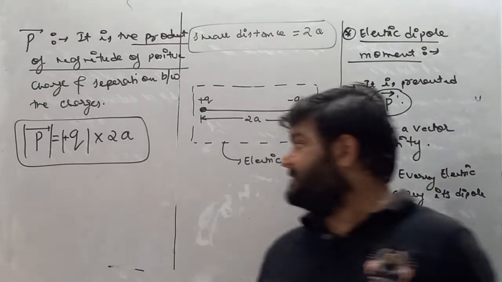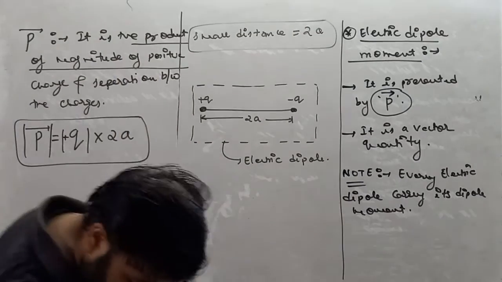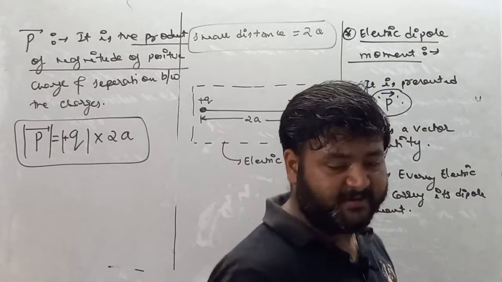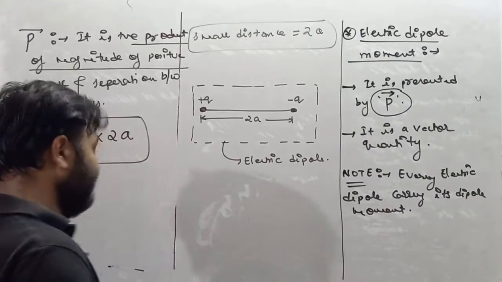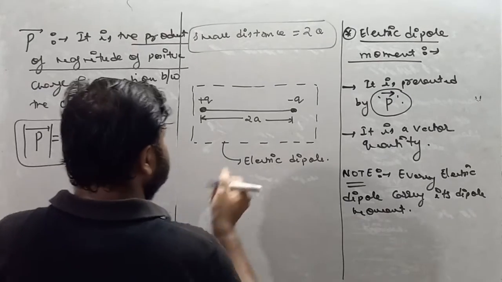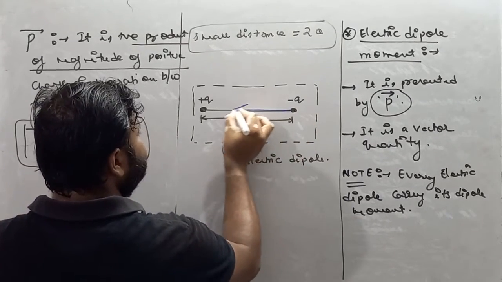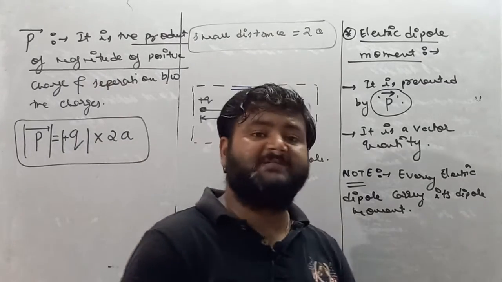Now, as the electric dipole moment is a vector quantity, it carries some direction as well. The direction of electric dipole moment is always from negative charge towards positive charge.